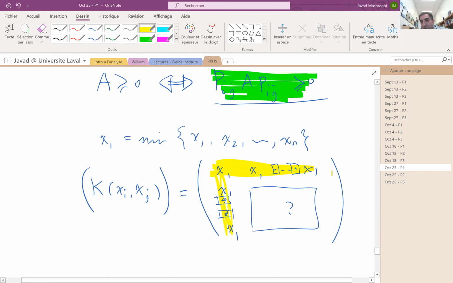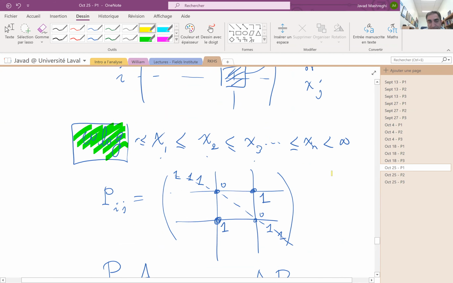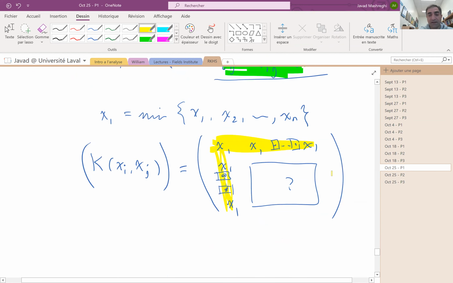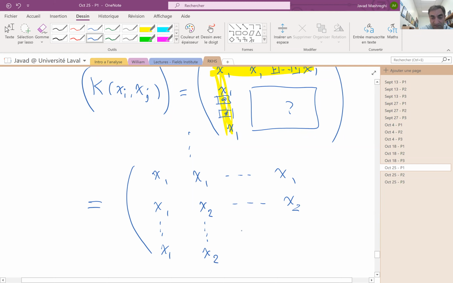And so we continue up to the end, and we obtain x1 less than or equal to x2 less than or equal to xn. And if we do all of this modification, our matrix has this form. Then here is x2. Then about this is x3, and we continue up to xn here.